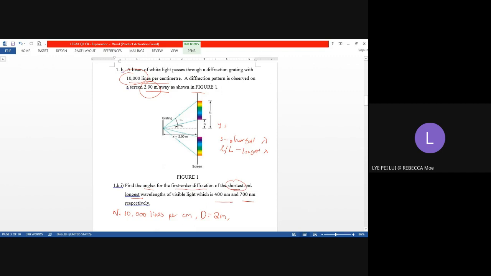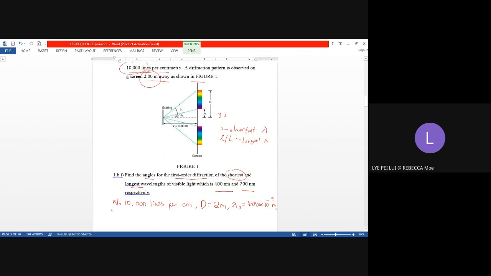Lambda, shortest and longest. Shortest lambda S is 400 times 10 to the power negative 9 meter. Then lambda L, I use the capital letter to be the same as the question, longest, is 700 times 10 to the power negative 9 meter. So we have to determine the theta.